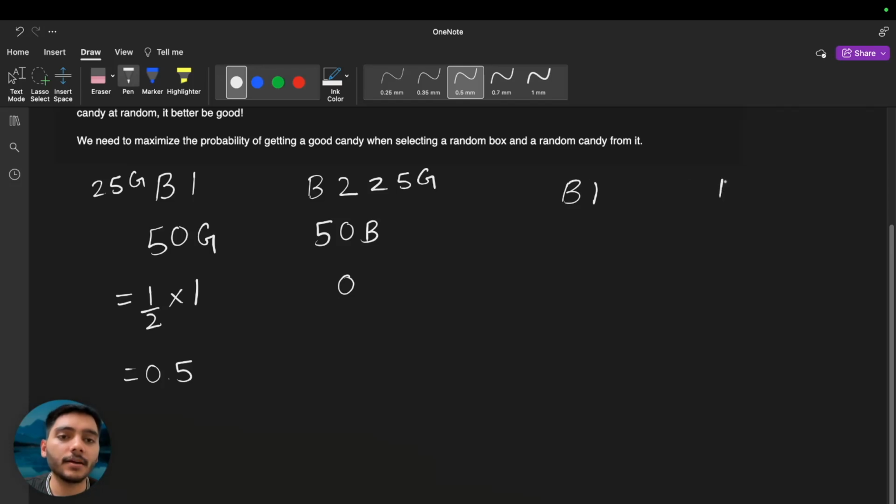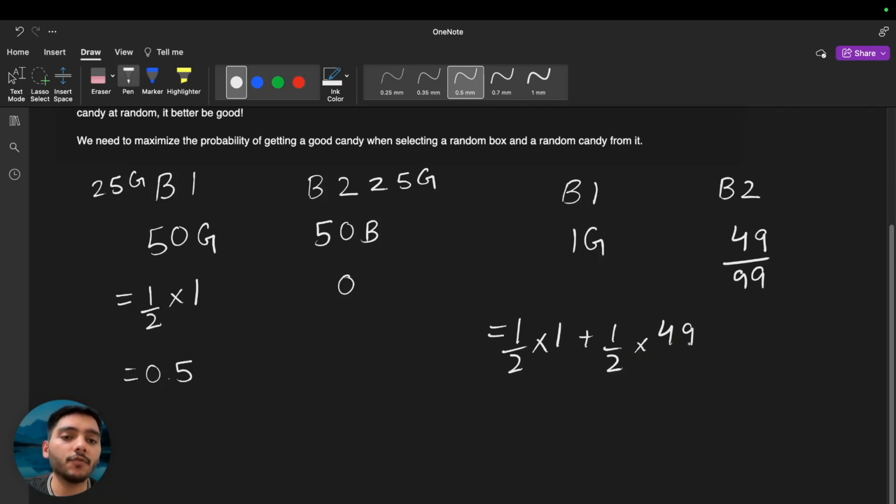So let's consider we place a single good candy in box 1 and all the other candies in box 2. It will become 49 upon 99, and the total probability will be half into 1 plus half into 49 divided by 99.